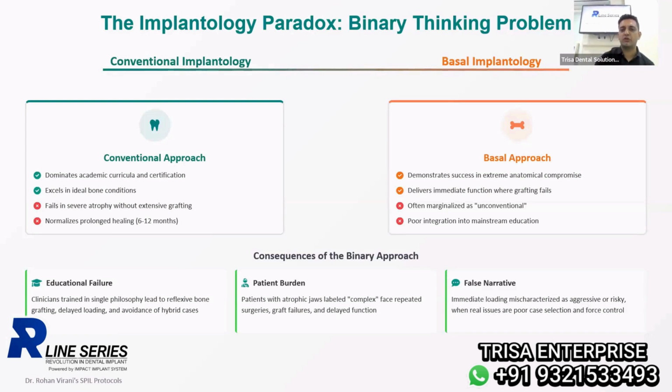When we compare this philosophy now to the basal philosophy, it demonstrates extreme success even in anatomical compromised cases, which means in resorbed jaws also it advocates single drill immediate load protocols, graftless protocols, and a lot of times they have been called unjustifiably as unconventional, and it is not allowed to get integrated into the mainstream education.